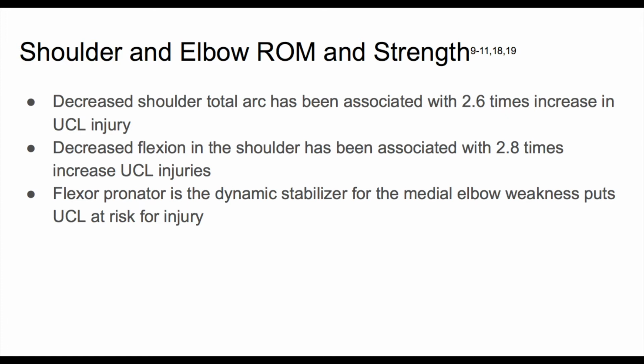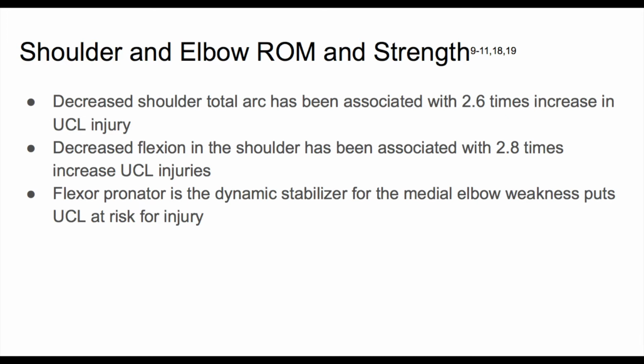In the same study by Wilk et al., pitchers with a deficit of greater than 5 degrees of flexion from the throwing shoulder to the non-throwing shoulder had a 2.8 times greater risk of injury of the UCL.